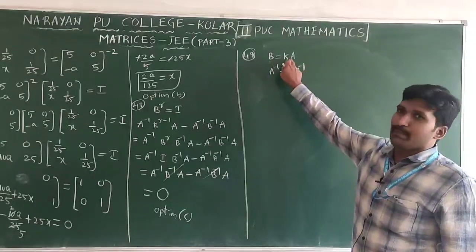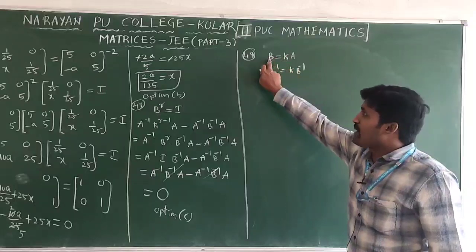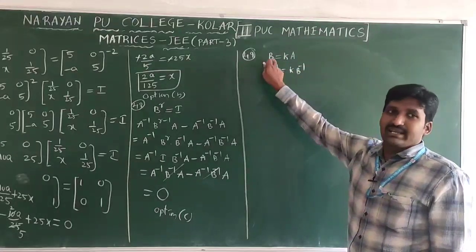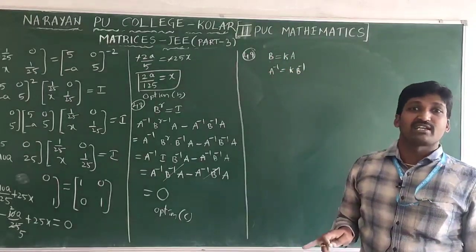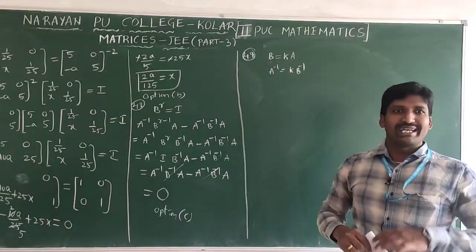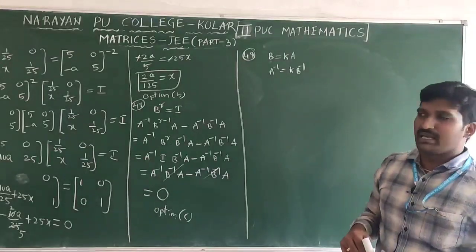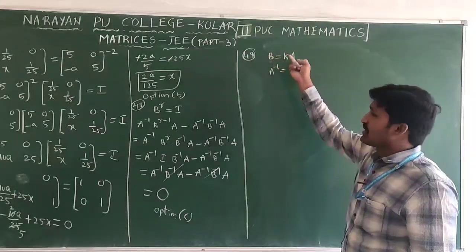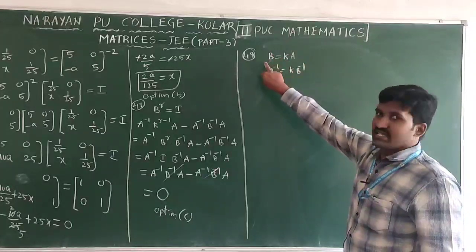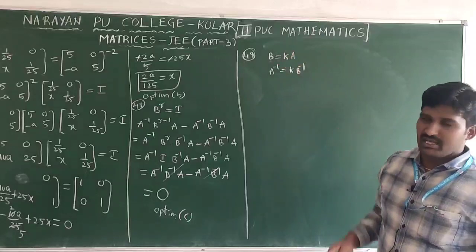B equal to kA, because if you multiply k for A matrix, then you will get a new B matrix. They are asking the relation between det of A inverse and det of B inverse. Equation in terms of A and B is there, but we need the relation in terms of inverse of A and inverse of B. That's why I am changing to the inverse condition. A, take this side, it becomes A inverse. B, take right side, it becomes B inverse.